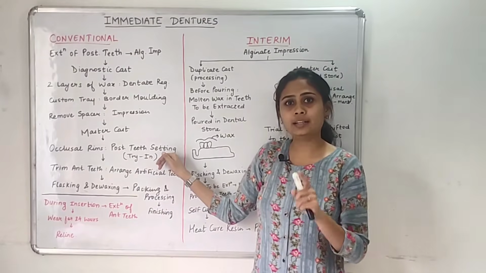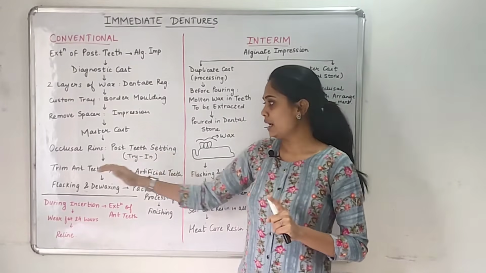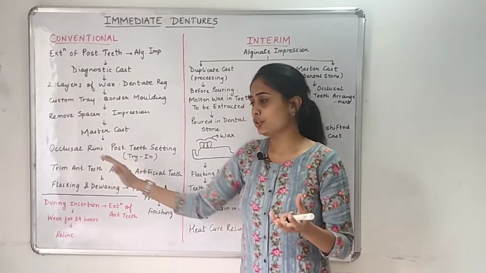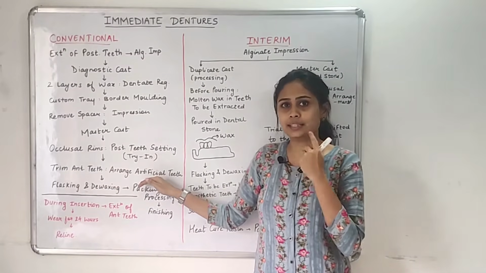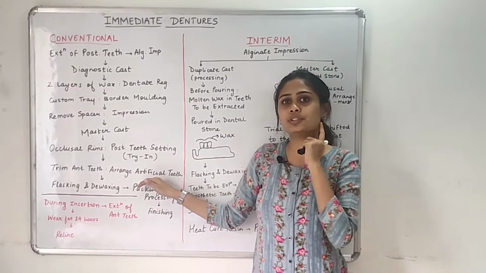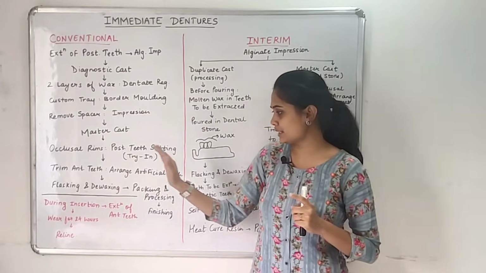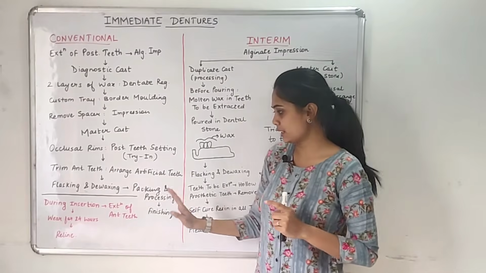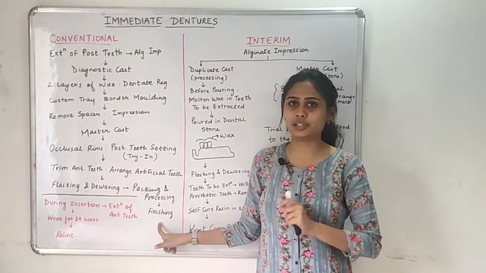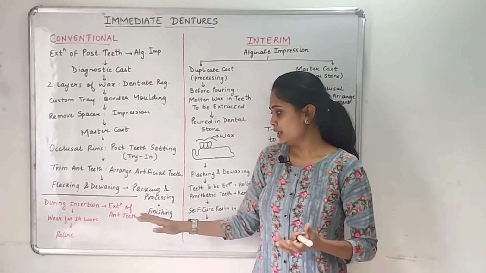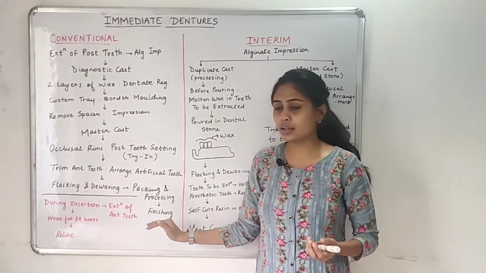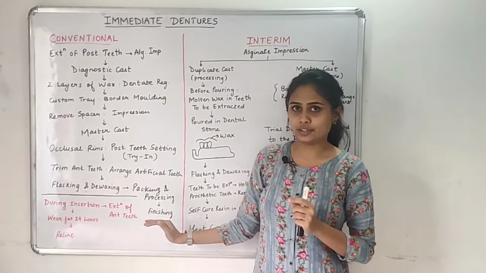Till here we had posterior artificial teeth. After trimming on the cast, you arrange the artificial teeth in the anterior region with reference to the posterior occlusion. You do the flasking and dewaxing, and you do packing and processing. And after these steps, you get a finished and polished complete denture. So this is how we fabricate a conventional immediate denture.